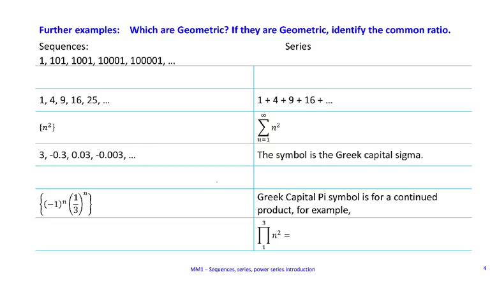A2 over A1 is going to be 101. A3 over A2 is 1001 over 101. Is this 101? No. So it's not geometric.